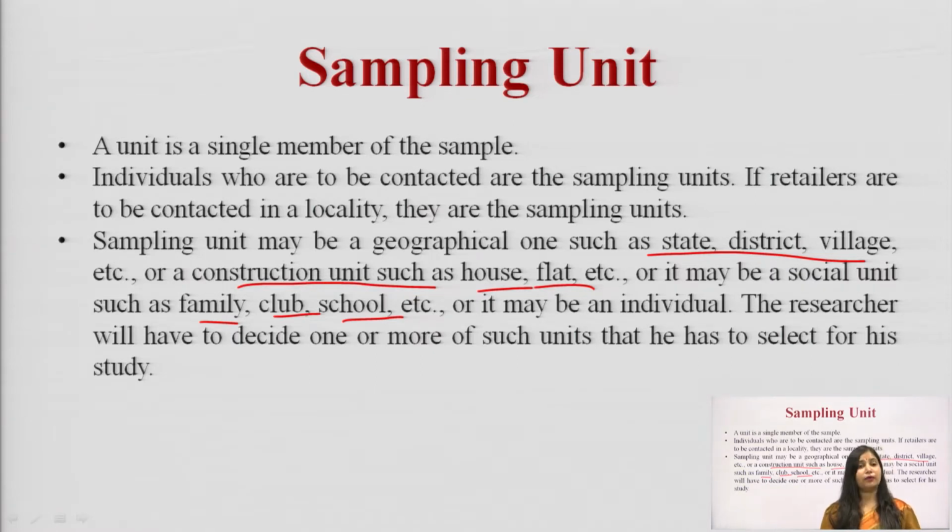You want to conduct this survey throughout a city or a state. There, one single school becomes your sampling unit, and it may also be an individual. The researcher will have to decide one or more of such units and select them for the study.